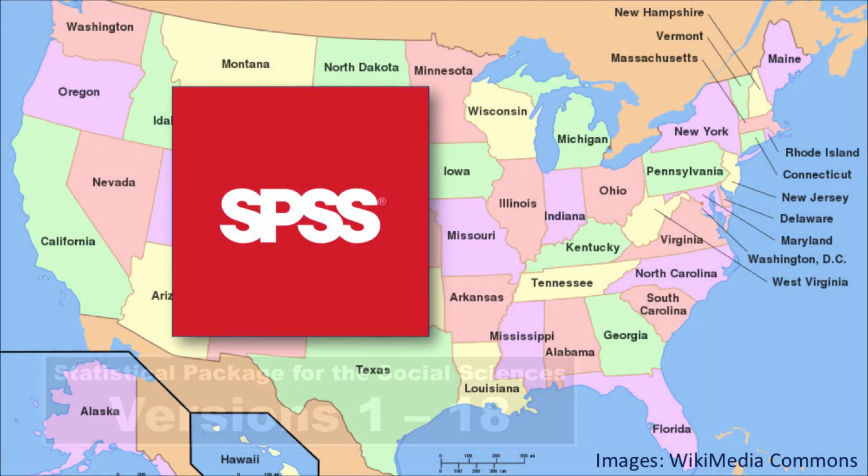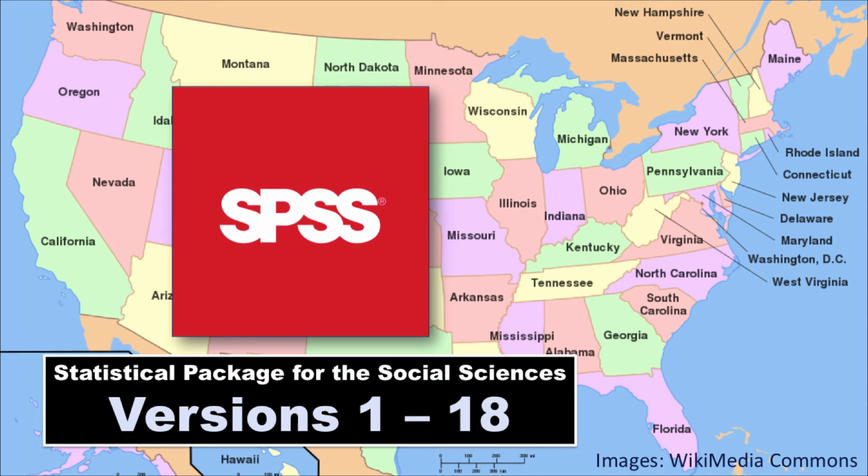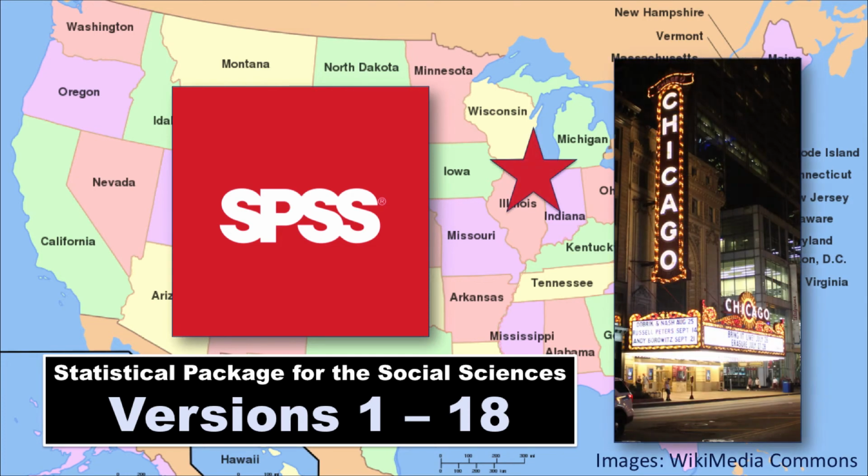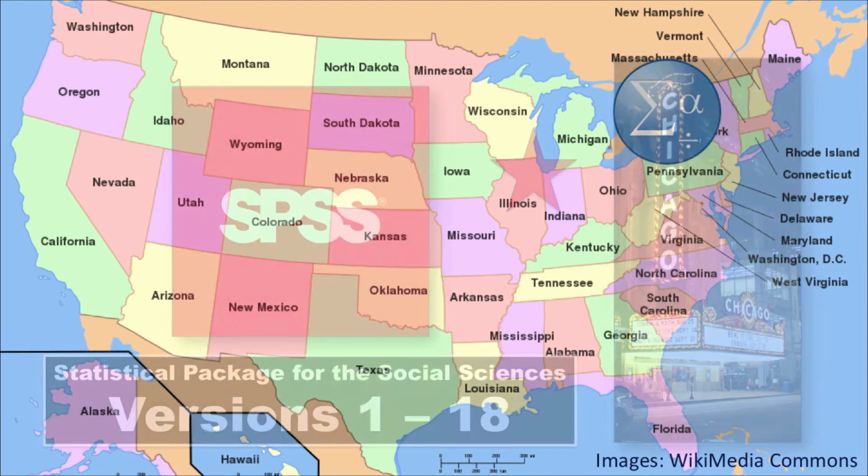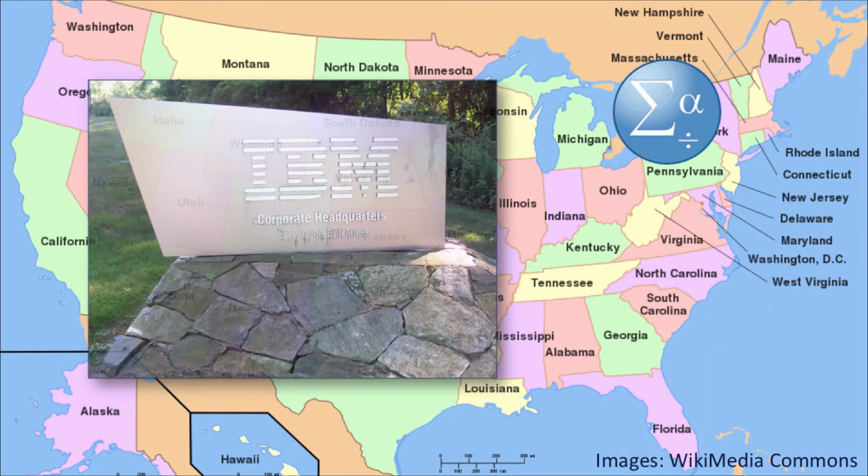Since 1968, back when SPSS stood for Statistical Package for Social Sciences, SPSS was owned by SPSS Incorporated and headquartered in Chicago, Illinois, USA. But in 2009, SPSS was purchased by IBM, which is located in Armonk, New York, USA.